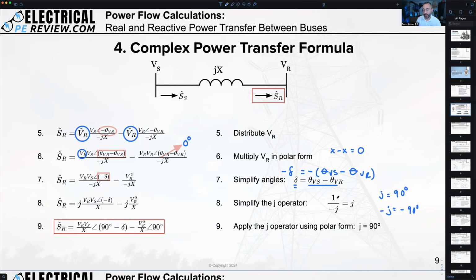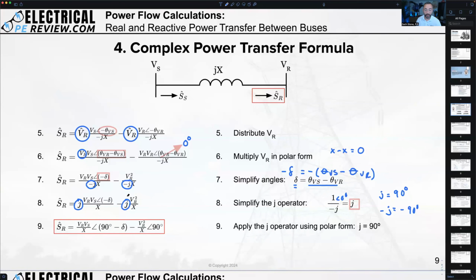So this is like an angle of 0 degrees minus an angle of negative 90. 1 minus a negative is the same thing as 1 plus. So 1 over negative J equals positive J. That means both of these negative J's right here, we're going to replace with a positive J on top of the fraction.